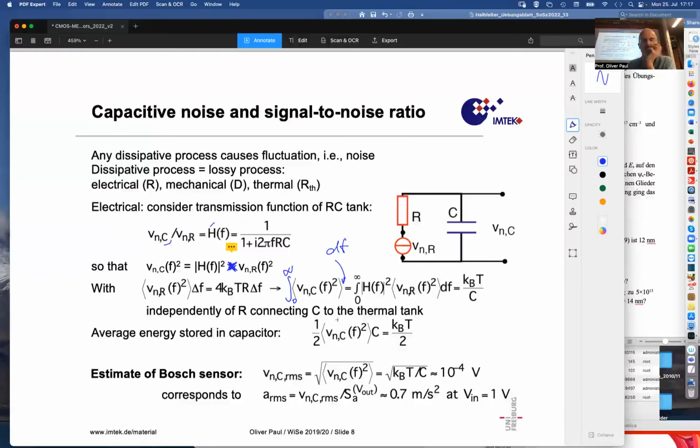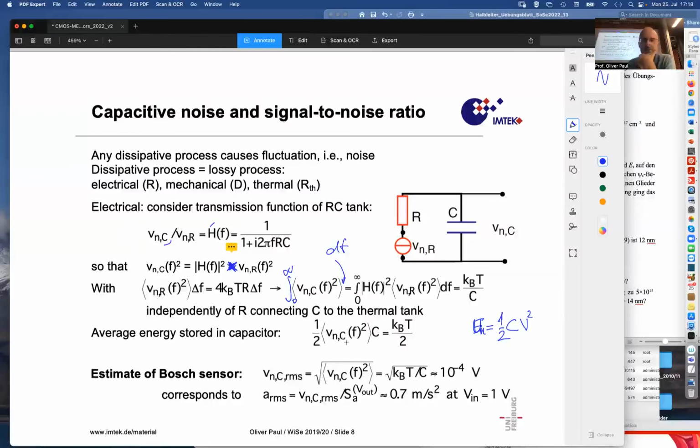And so, for instance, if we ask how much energy is stored in such a capacitor, just because it is at temperature T, then this can be calculated like the usual formula. The energy stored in a capacitor is equal to 1/2 C times the voltage square, or should I say energy of this capacitor is equal to 1/2 C per V square.